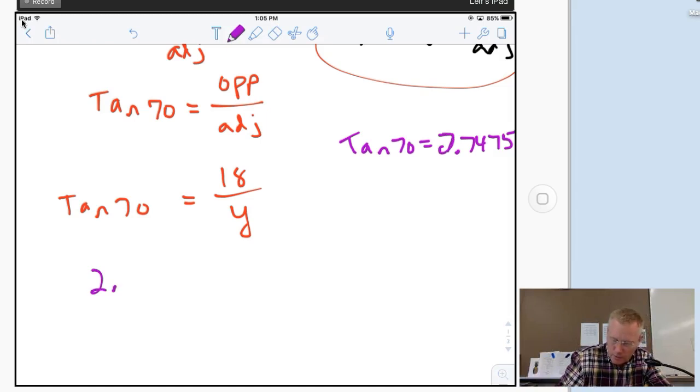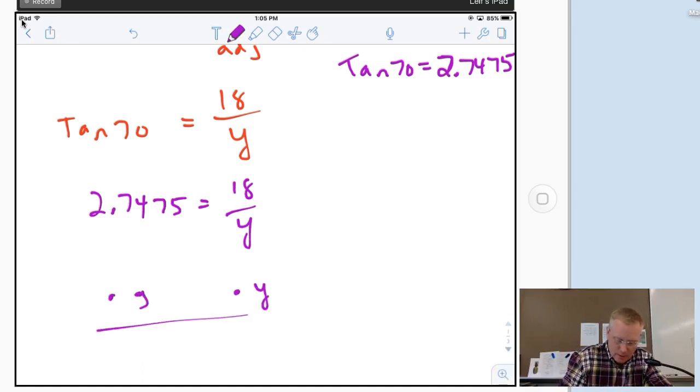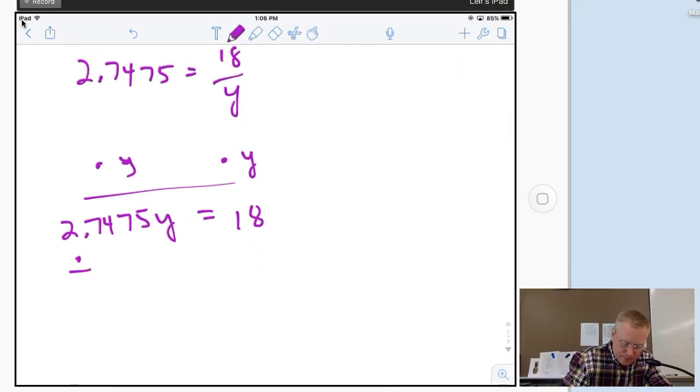It should be a 2, not 7, sorry. 2.7475 equals 18 over y. Okay, now you're going to solve this like in a regular algebra problem. That's the good thing. So to get a variable out of the denominator, you multiply both sides by that denominator. Which gives me 18 equals 2.7475 y, and then I'm going to divide by the decimal.